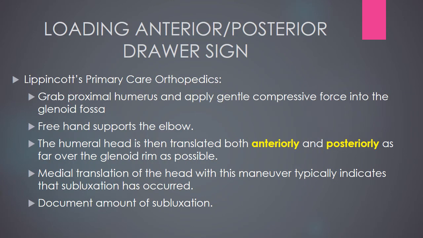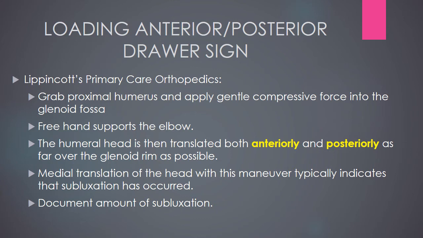Okay, now according to Lippincott's Primary Care Orthopedics, the maneuver is performed with the examinee either sitting or standing. And the doctor grabs the proximal humerus and applies a gentle compressive force into the glenoid fossa. The purpose of this is to slacken the capsule and the glenohumeral ligaments.